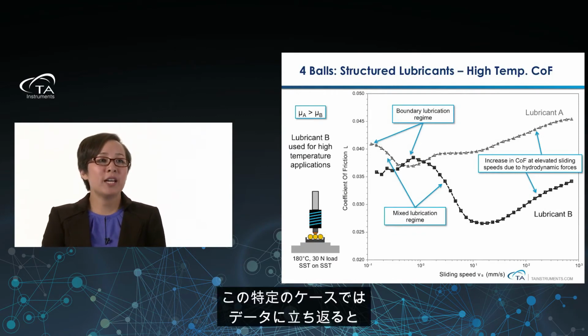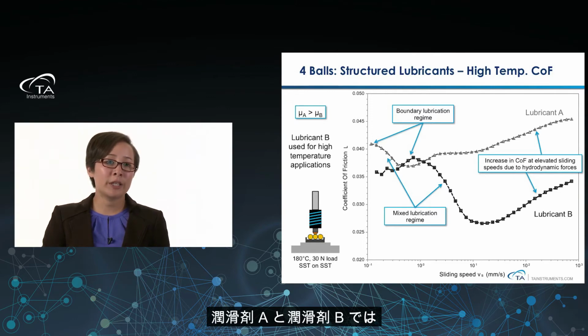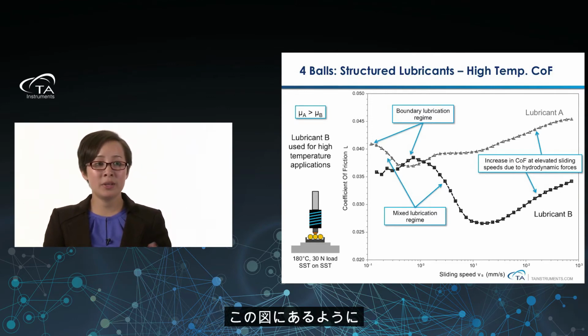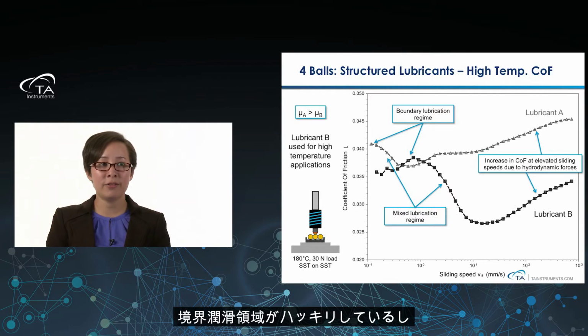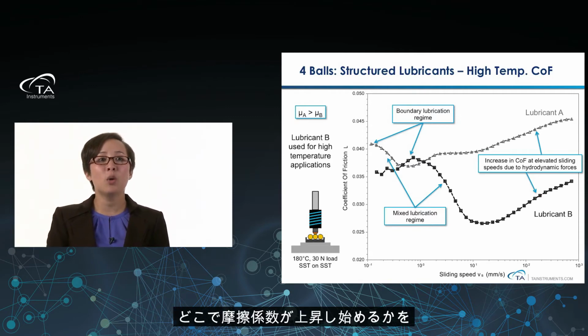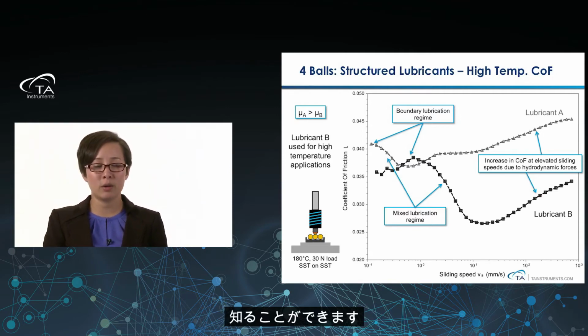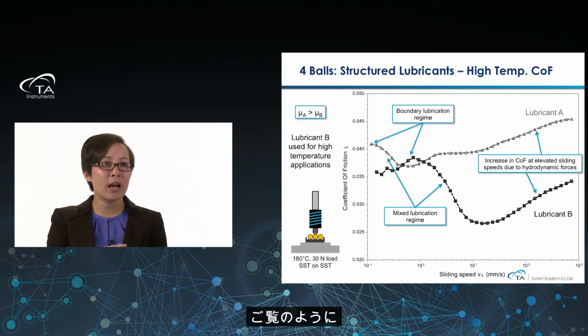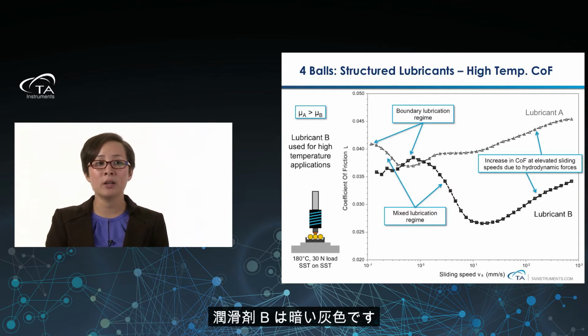So in this specific case, if we go back to our data, now we're looking at lubricant A and lubricant B, and you could see here in our diagram we have very clear boundary lubrication regimes, very clear mixed lubrication regimes, and then you can see the coefficient of friction starting to increase when you hit that hydrodynamic lubrication regime. Lubricant A is in the light gray and lubricant B is in the dark gray.